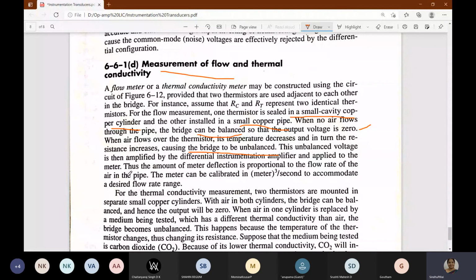So now you have seen that we can measure temperature, light intensity, flow, and the last one is we can measure the thermal conductivity also. Here also two thermistors are mounted in separate small copper cylinders, where with air in both the cylinders the bridge can be balanced and hence the output will be 0.